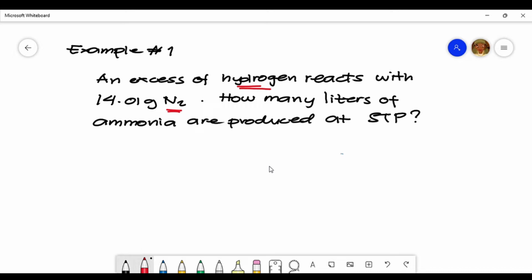So an excess of hydrogen gas reacts with nitrogen gas. How many liters of ammonia are produced at STP?